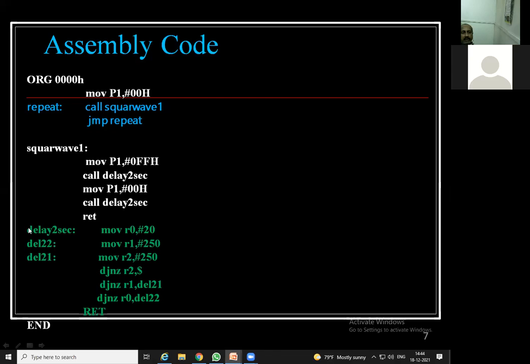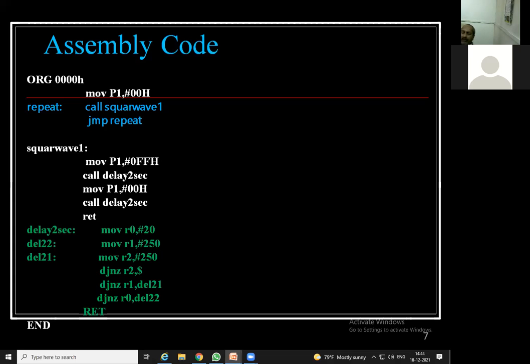Whatever is shown in green color, that is the code for the delay. As we discussed in the last session, any code you can write as a delay. But you might have observed many different delay codes on Google or in books also.